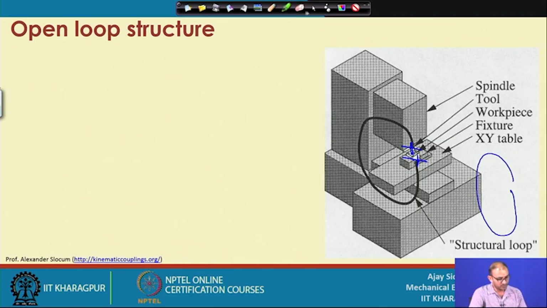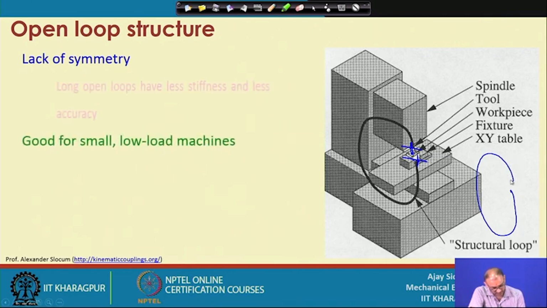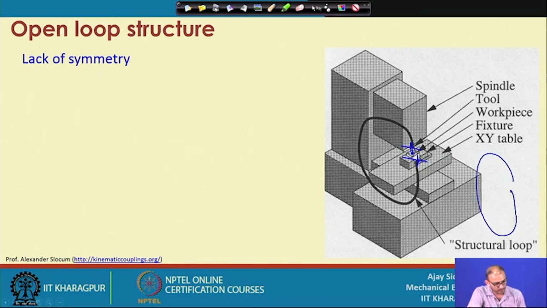So, what are the problems with the open loop structure? What are the good things? There is a lack of symmetry. When we have an open loop structure, it is open in the sense that there is a distance between these two, and there is a distance between these two also, because our base is located here, the workpiece is located, the tool is located here.